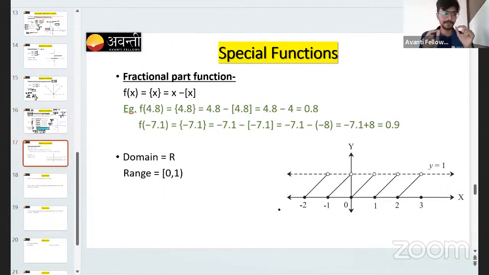Now, before doing the fractional part function, let me tell you one thing. Any real number, suppose I take 3.2, can be written as an integral value plus a proper fraction.